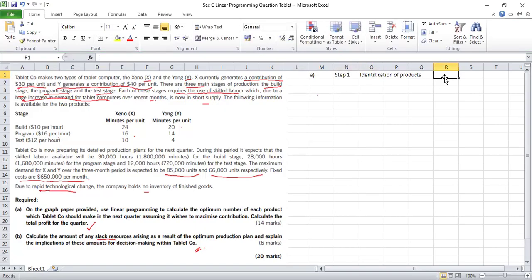One is represented by X and the other one is represented by Y. Then step two requires from us to prepare constraint equations.